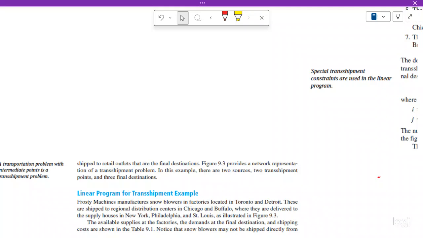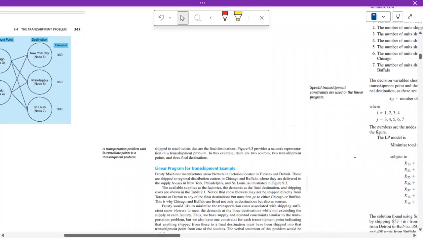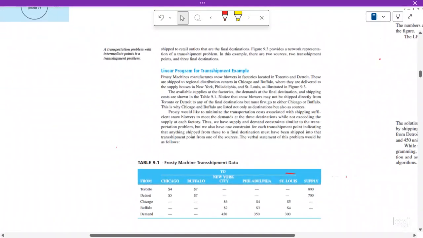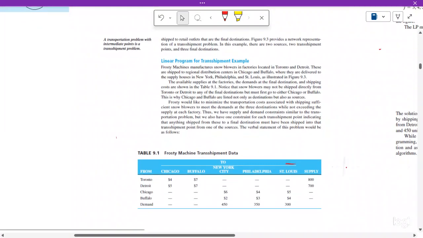This provides a network representation of a transshipment problem. In this example, there are two sources, transshipment points and three final distribution points. All right. So now my costs are there.